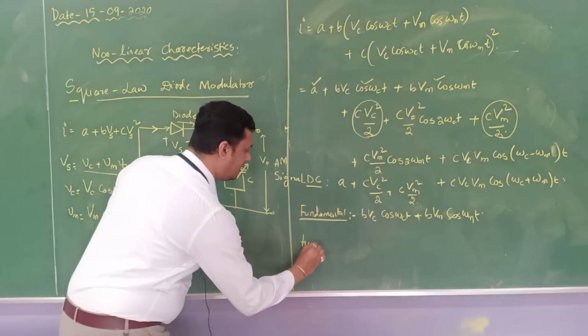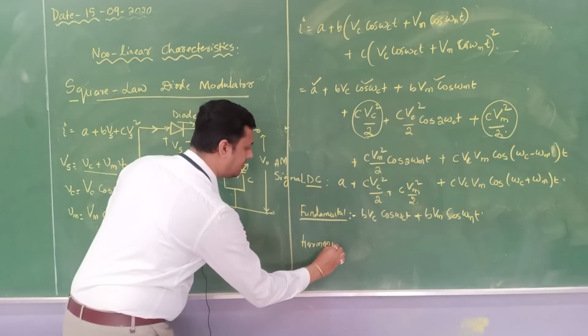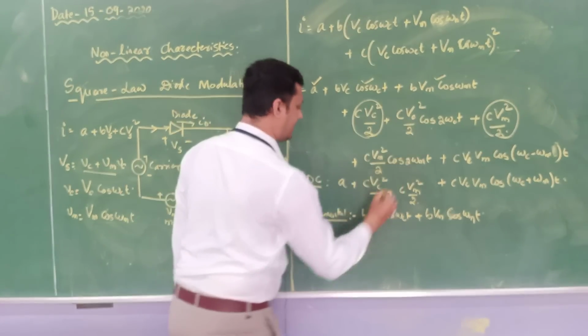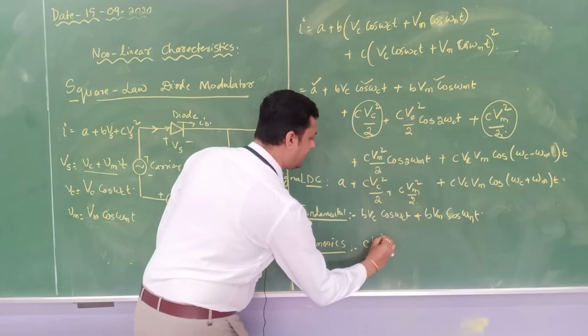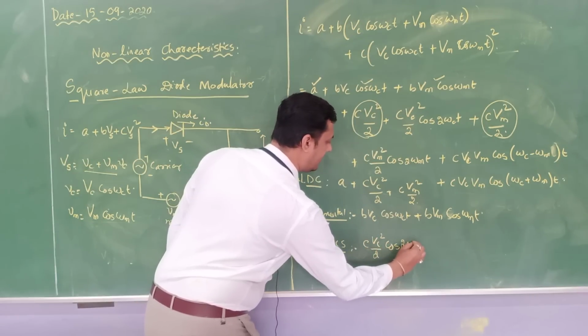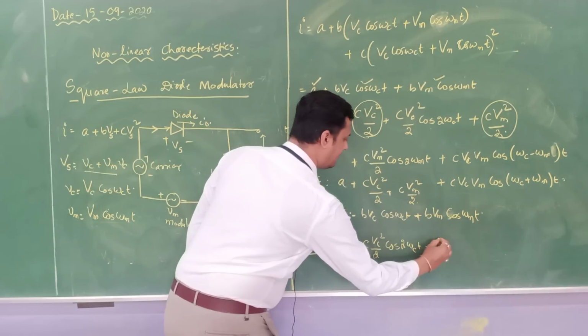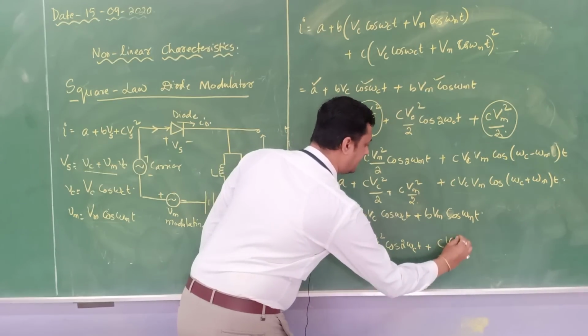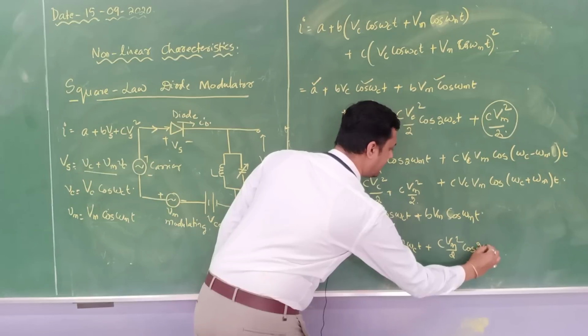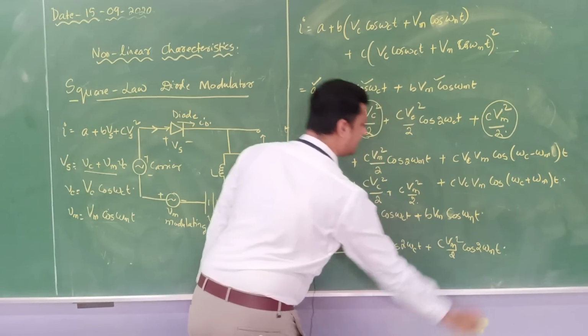And what are the harmonic components available? Harmonic components are C Vc square by 2 cos 2 omega Ct plus C Vm square by 2 cos 2 omega mt. So this is my harmonic component.